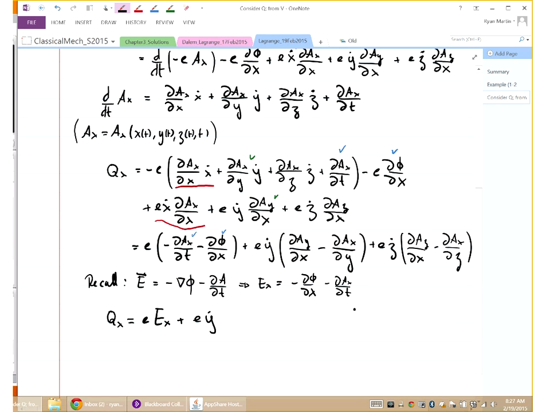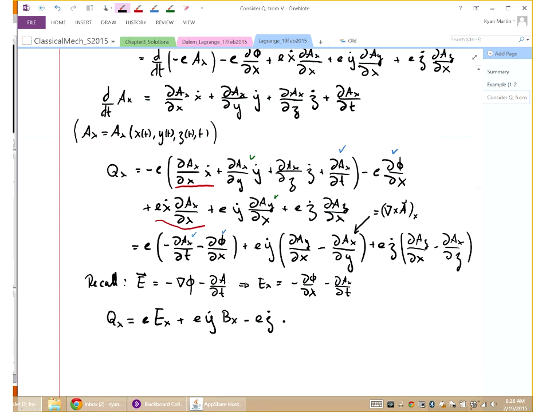If I look at ∂Ay/∂x minus ∂Ax/∂y, that is in fact the x component of the magnetic field. Right, that is the x component of the curl of A.